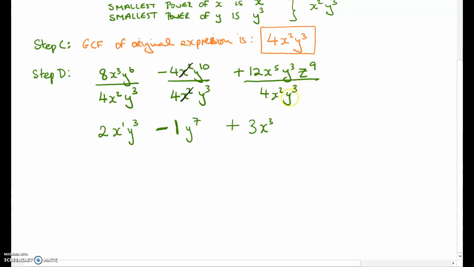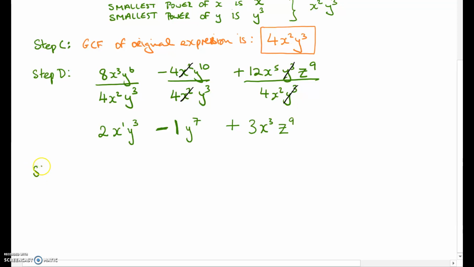Y to the power of 3 divided by y to the power of 3. Similar to the last term. When the x's cancel, this time the y's will cancel because the powers are the same. And then the z to the power of 9. We don't have any z on the bottom, so we just take that as it is. We don't change that. Okay? And that's the result of the division.